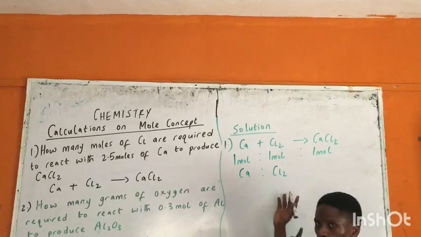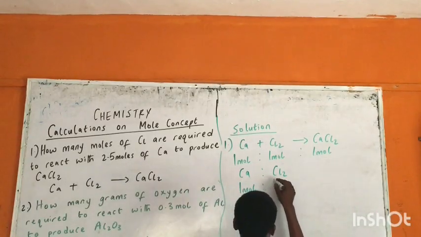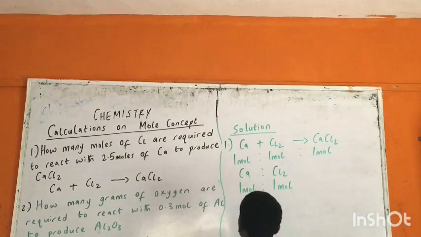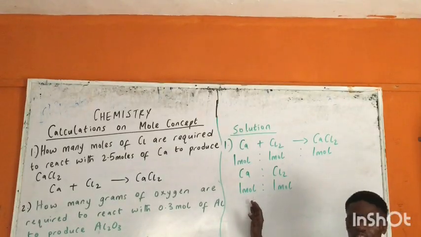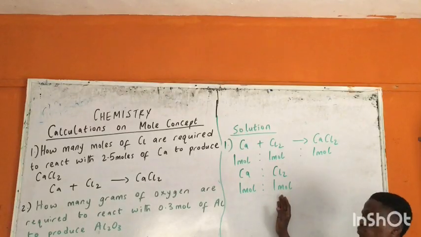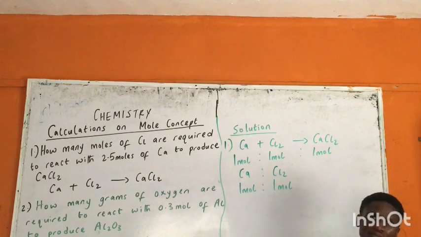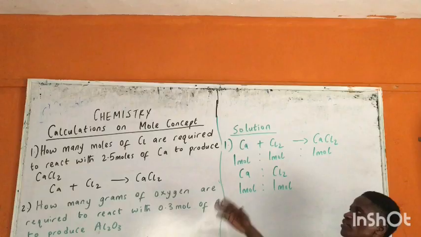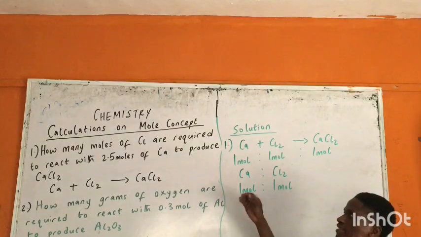So from the equation, 1 mole is reacting with 1 mole of this. From the question, how many moles of chlorine are now required?